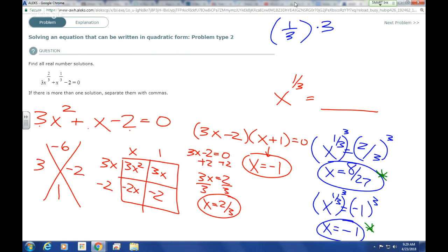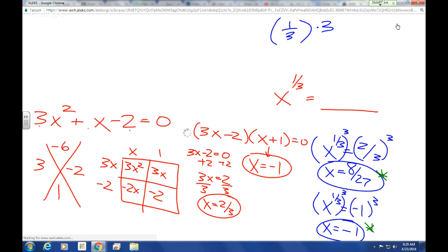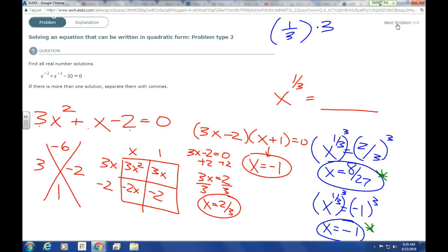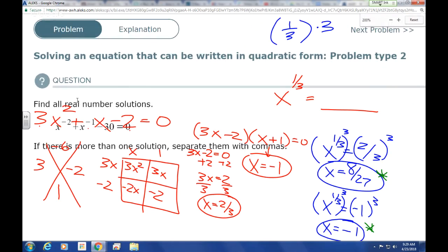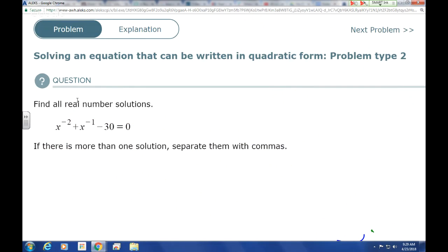I'm not going to do one more, but I just want to talk about what the setup would be for the next one. Look how weird this one is. The middle thing is x to the -1.